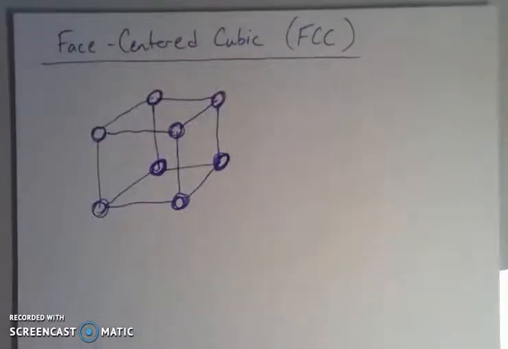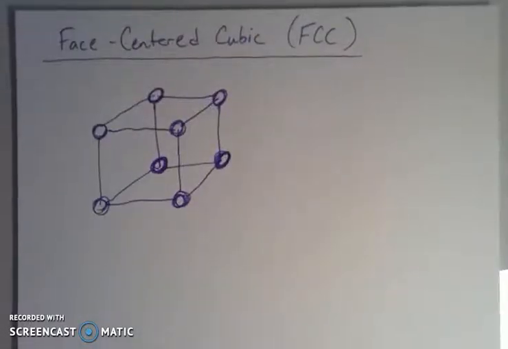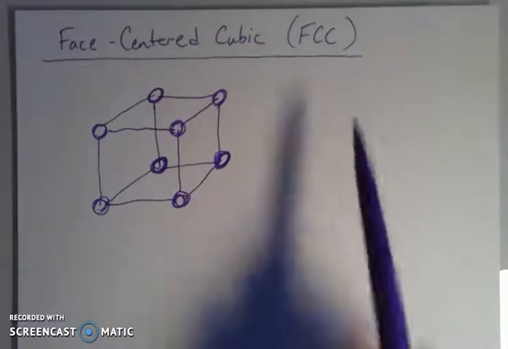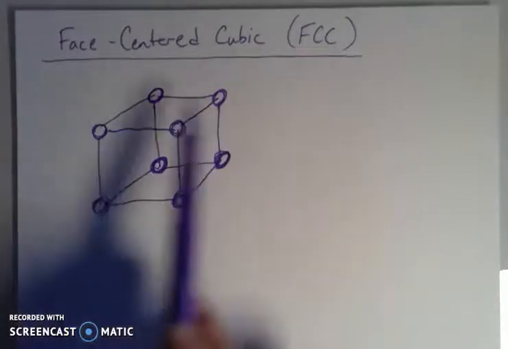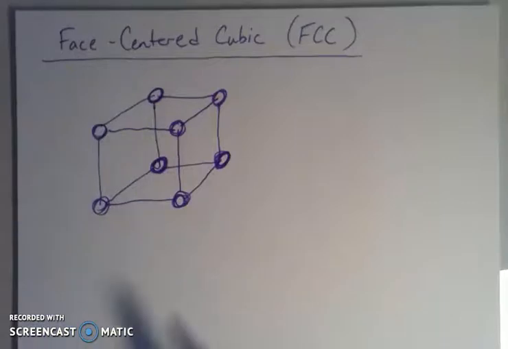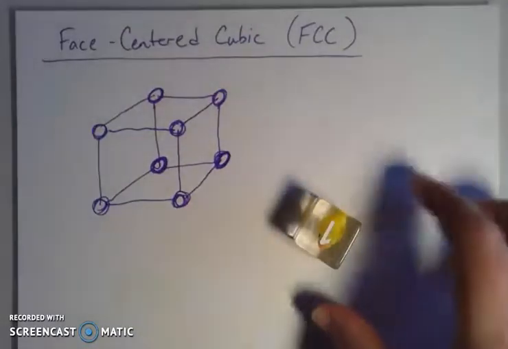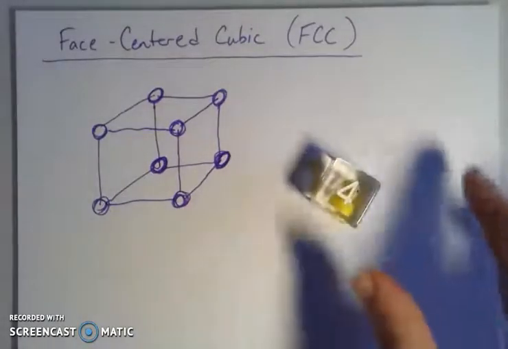Now the third kind of cubic unit cell is called a face-centered cubic, or FCC. Again, we start off with the cubic unit cell, so we have atoms on each of the corners, and now we're going to put them on the faces. I like to think about this like a dice. So I have my little ducky dice here.